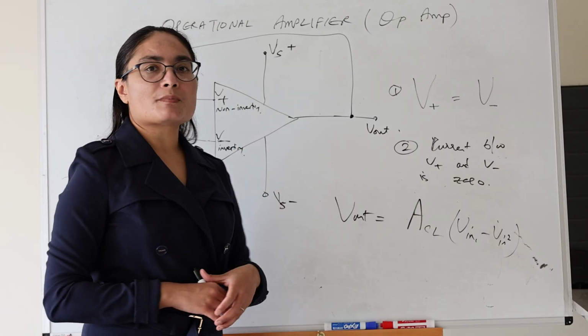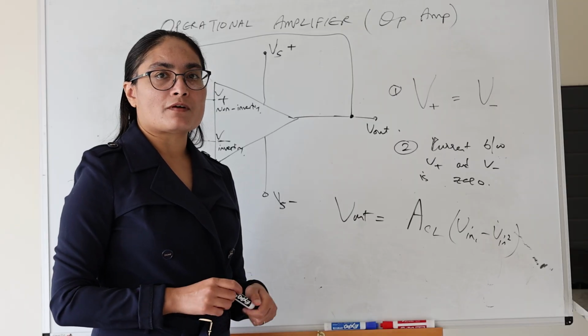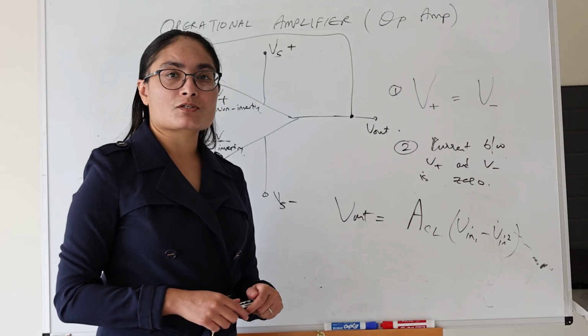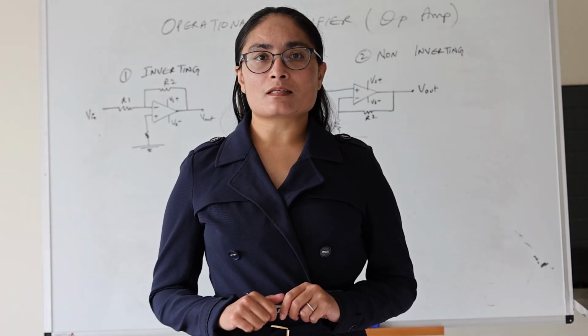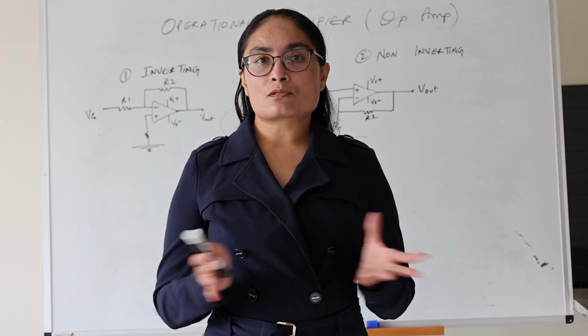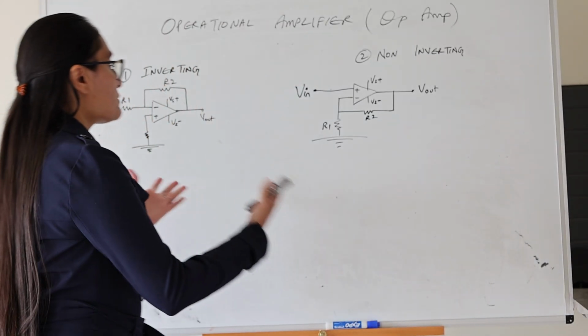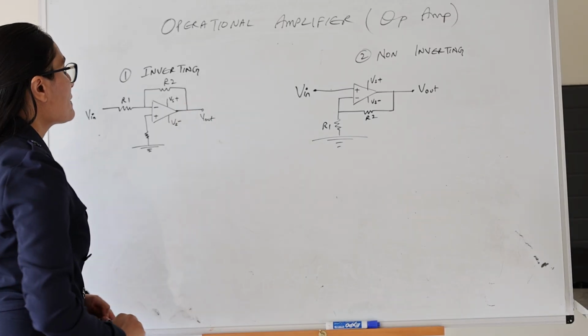These are the two rules we must remember, and we'll use them when we learn about operational amplifiers and all the functions they are used for. All the examples that we are going to see in this lecture are examples of op-amps connected in closed loop fashion. So the first two common examples are the inverting and non-inverting configurations.